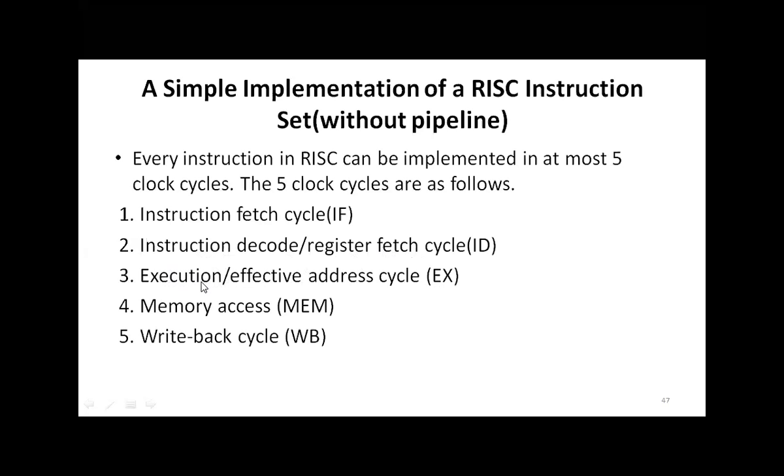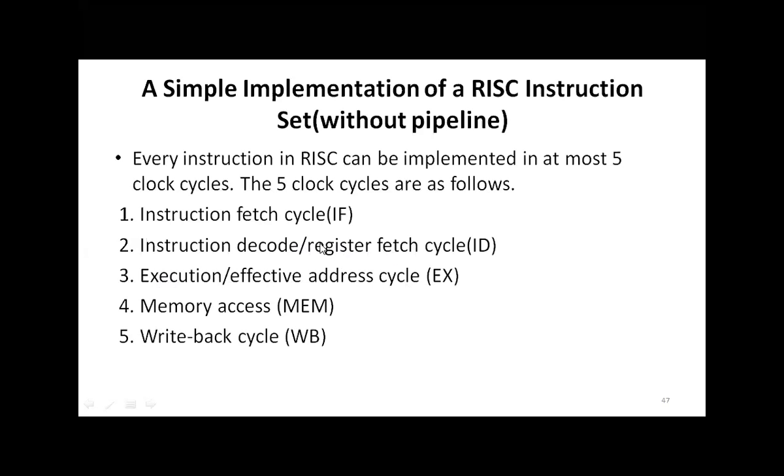ALU operates here. Okay. And if you require some effective address of some data or instruction, then that is done here. See, here we fetch the data from the register.